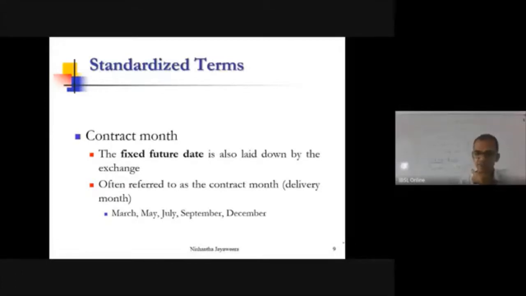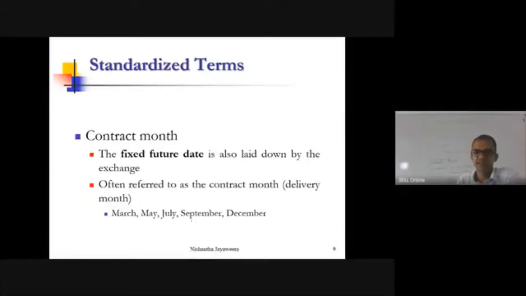Even for that, they have a rule: what is the first trading date of a particular delivery futures? And within the month, how do you decide the last trading date and the settlement date? They are not announced on an ad hoc basis, but according to a rule. Say the last trading date may be the Wednesday of the second week of the delivery month.